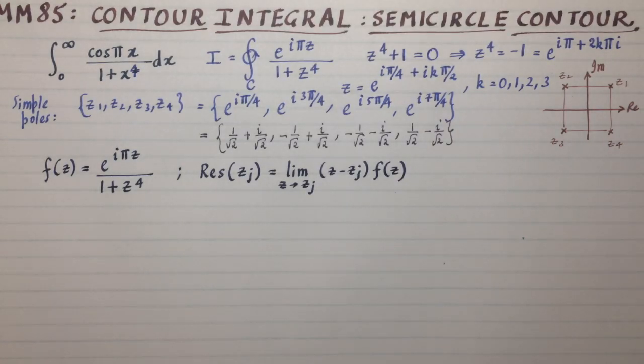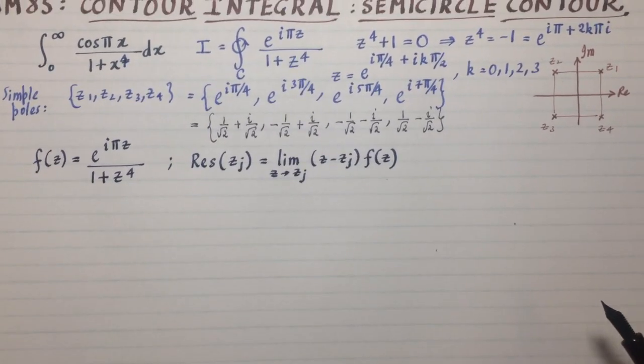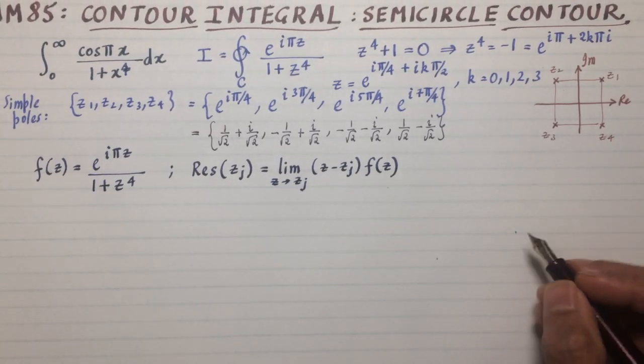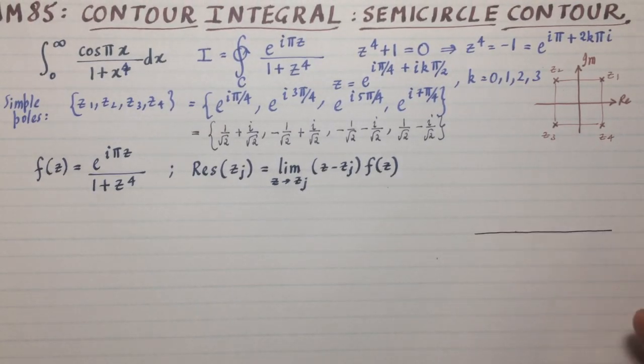So I'll perhaps show you the details of doing one of them, and the details of doing another one will be left as an exercise for you to do. Now, why did I just say 2 rather than 4? We don't need 4 of them. So the choice of contour will basically decide how many residues we need to calculate. The contour we're going to consider is going to be the following.